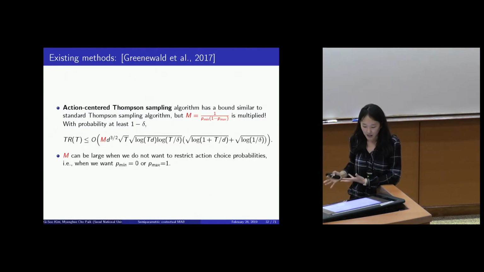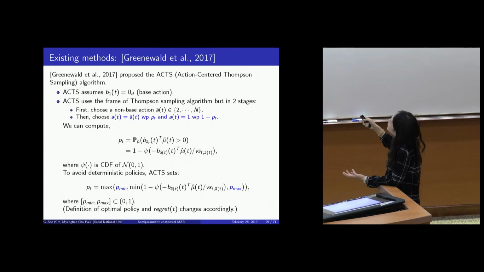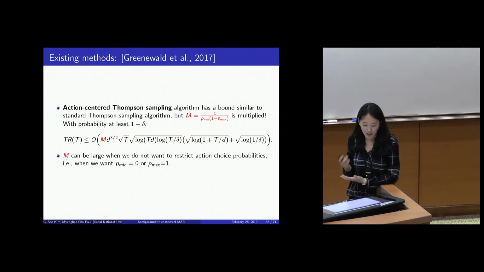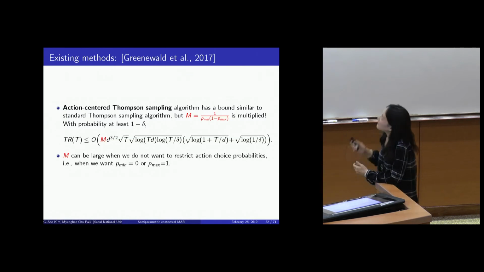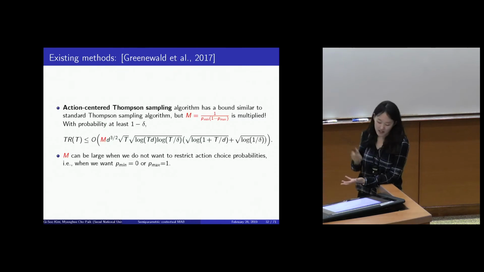And in the setting of ACTS, since we constrain the probabilities, this constant is not a problem. But in our work, we wanted to consider the case where we allow the policy to converge to deterministic policies. So in that case, we should set p min to 0 and p max to 1. Therefore, m can explode, and in our case, m is problematic.